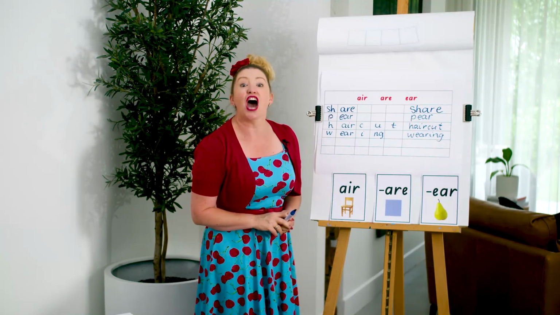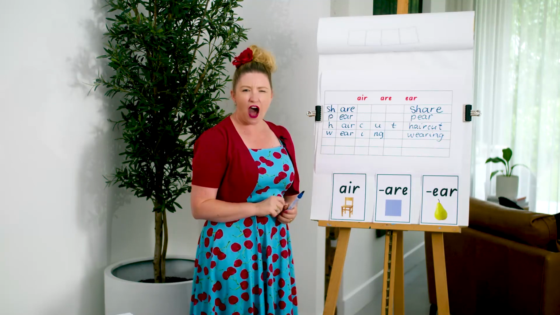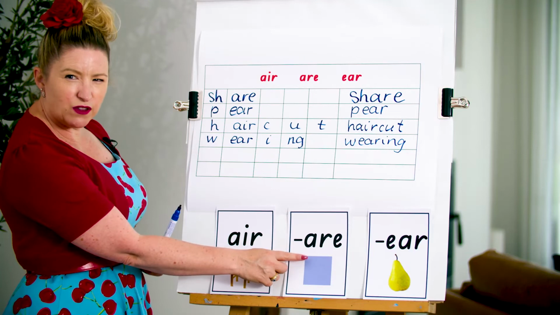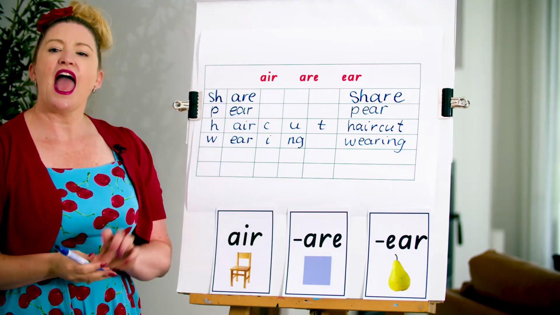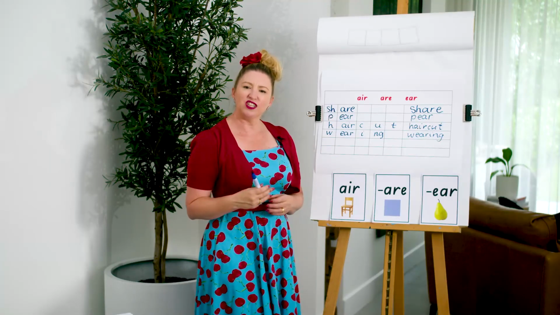Next word is nightmare. Nightmare. It's got the trigraph IGH for I. I'll give you that clue as well. And it's air at the end of the word. Air. Nightmare. Have a go. Come back and check it.